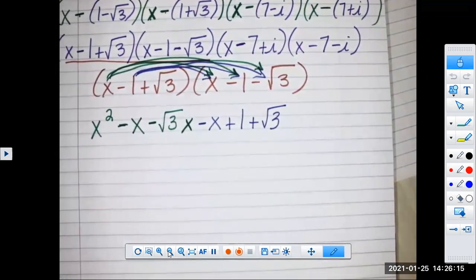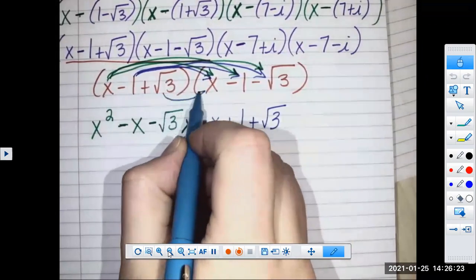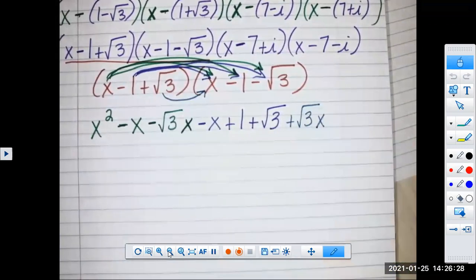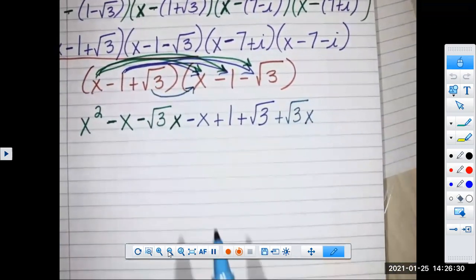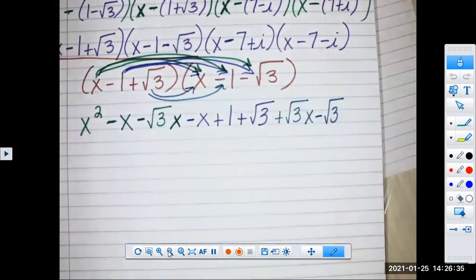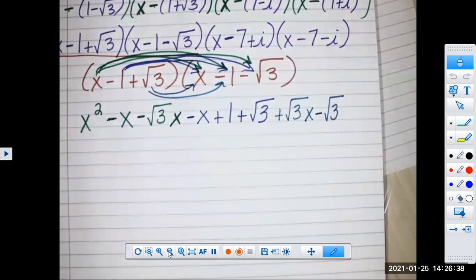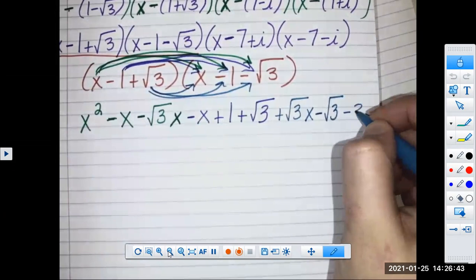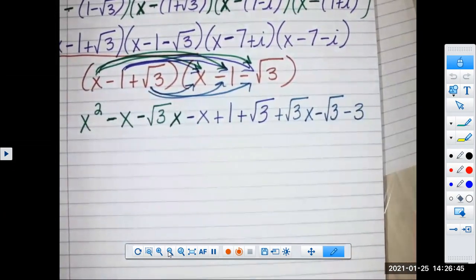All right, now you have to make sure you distribute +√3. So √3 times x. √3 times -1. And +√3 times -√3, -3. Whenever you multiply the same radical to itself, your radicals cancel.